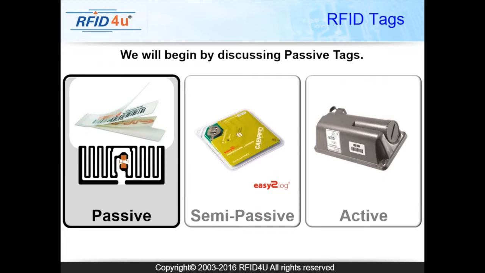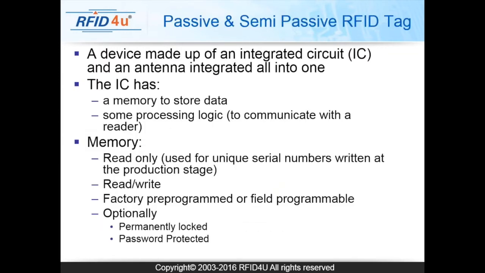So now we're going to talk about each of the different tag types. The passive is a device made up of an integrated circuit, with an antenna, all integrated into one. The integrated circuit has memory to store data and some processing logic to be able to communicate with the reader. The key thing here is that these are memory chips on the tags.